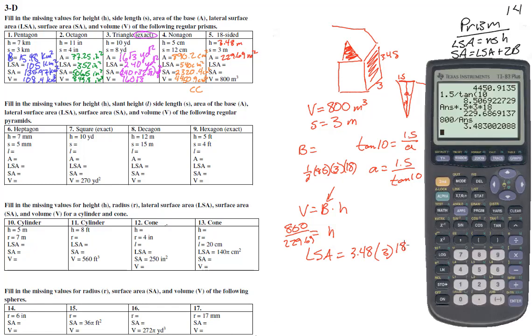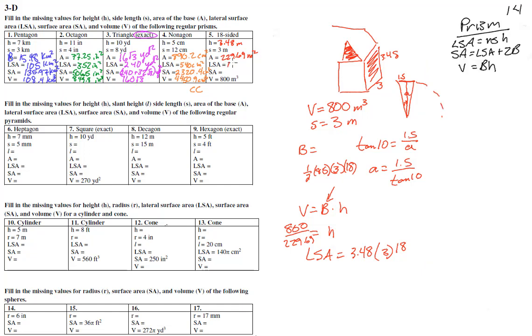So let's go ahead and punch that in. 3.48 times 3 times 18, and we get 188.1. So lateral surface area is 188.1. And again, that's meters squared.